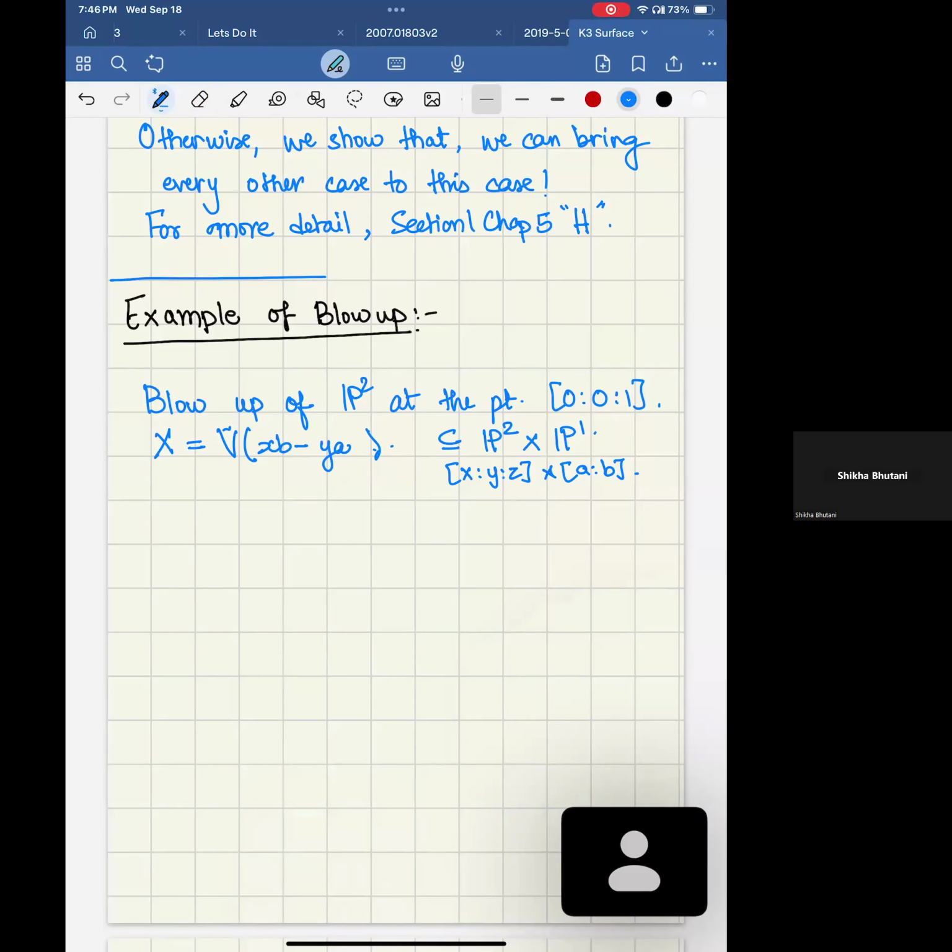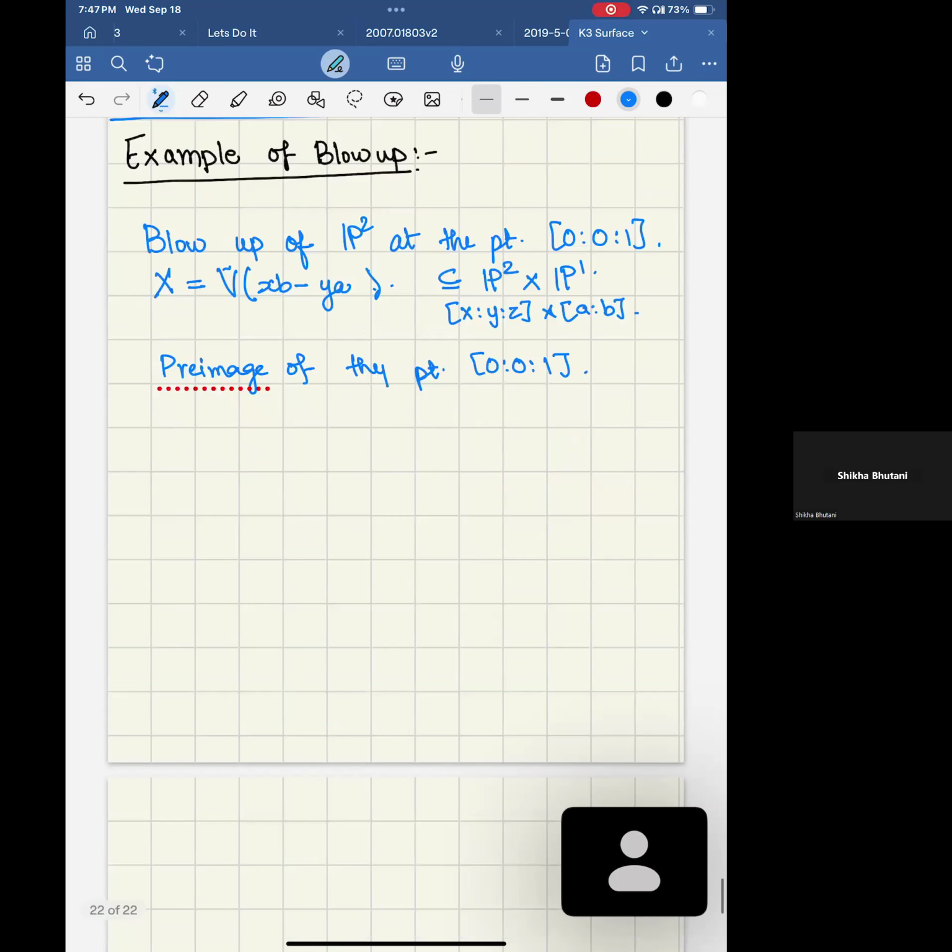And recall that we have seen before that if we consider the pre-image of the point 0, 0, 1, which is exactly the point where we perform the blow up, and call it E, then this E has special properties.